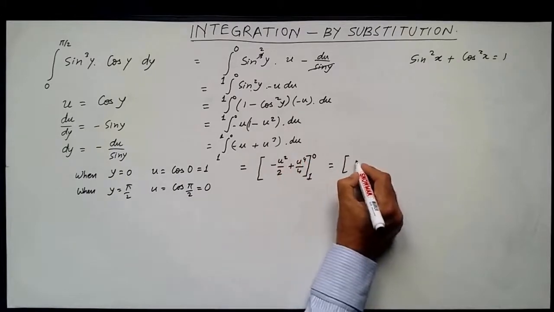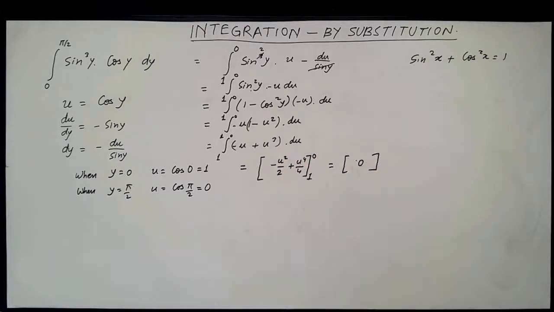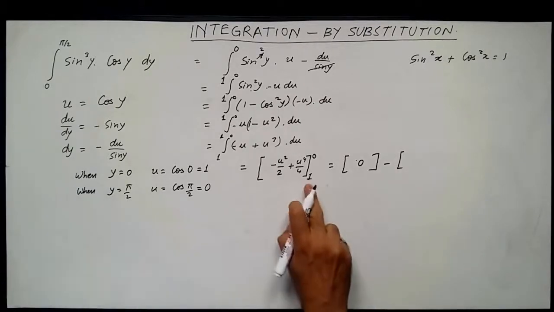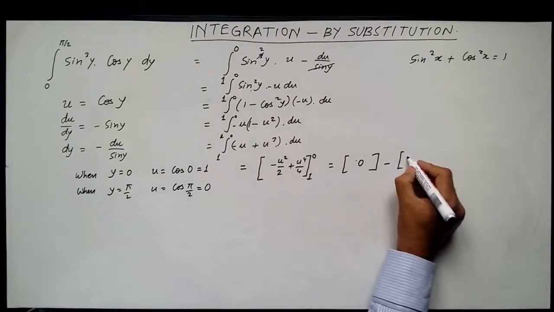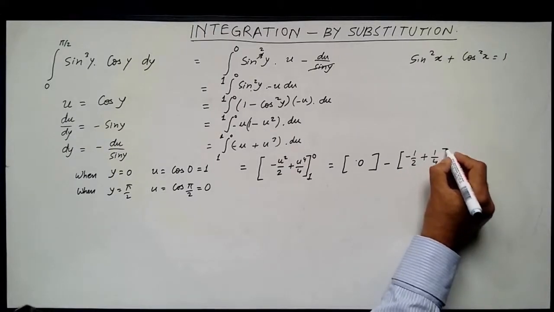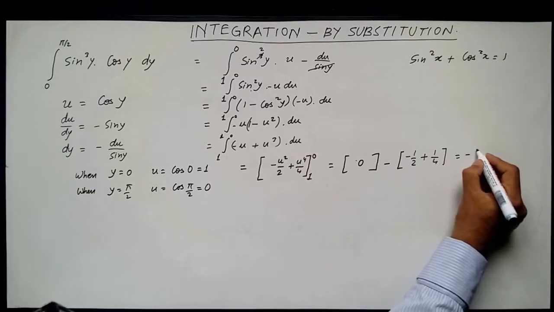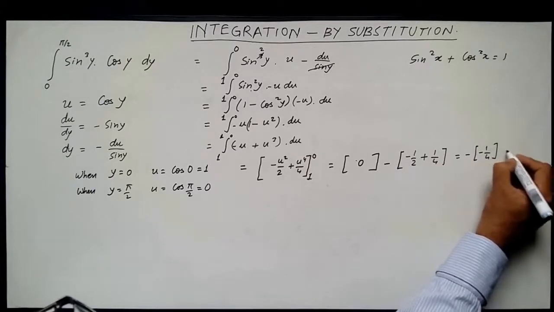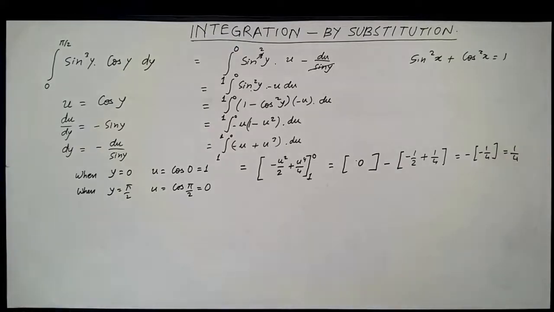So the first part of the expression remains 0. And we'll replace u by 1, so this will be minus half plus 1/4, which is equal to minus of minus 1 by 4, which is equal to 1 by 4.